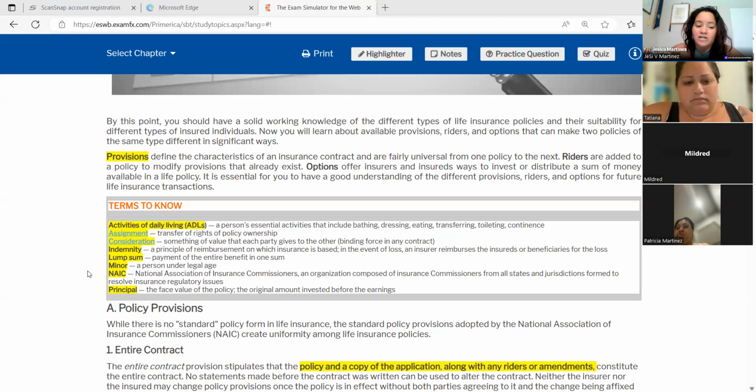NAIC is the National Association of Insurance Commissioners, an organization composed of insurance commissioners from all states and jurisdictions formed to resolve insurance regulatory issues. Basically, who regulates life insurance and insurance matters will be the NAIC. The principal is the face value of the policy, the original amount invested before the earnings.